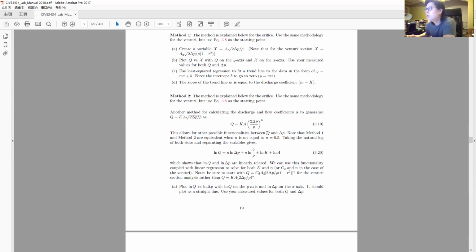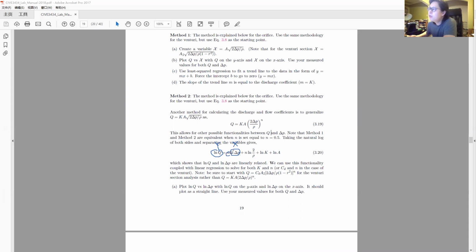A lot of this. You probably notice the log q and log delta p are linearly related. Why? Because if you treat this as an x, and you treat log q as a y, it looks pretty familiar, right?